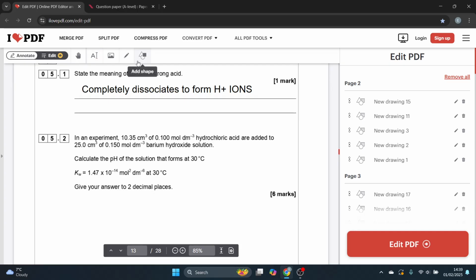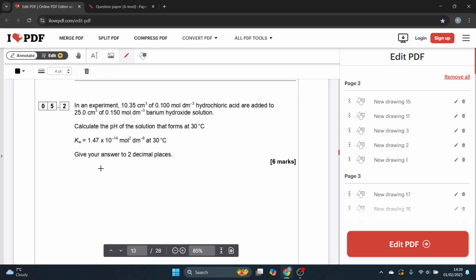In the experiment, this much hydrochloric acid is added to this much barium chloride solution. Calculate the pH that forms at 30 degrees Celsius.